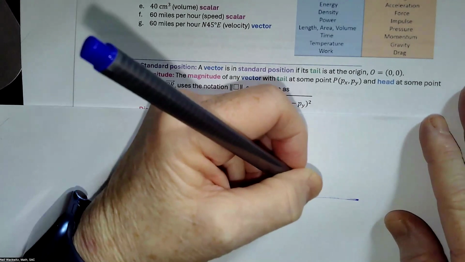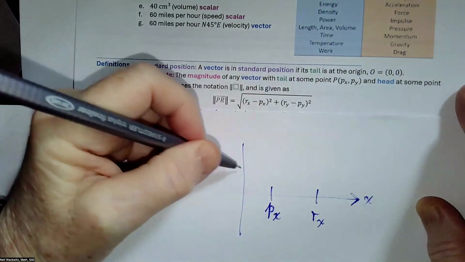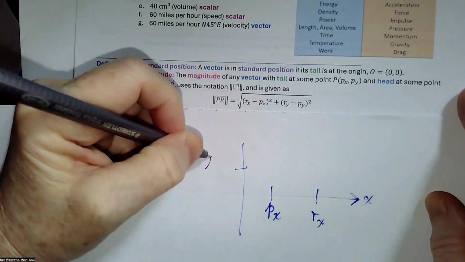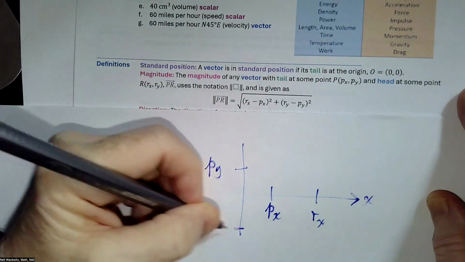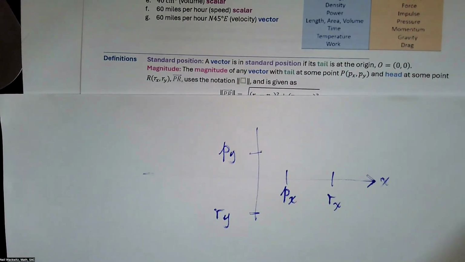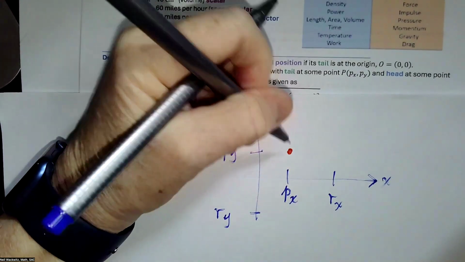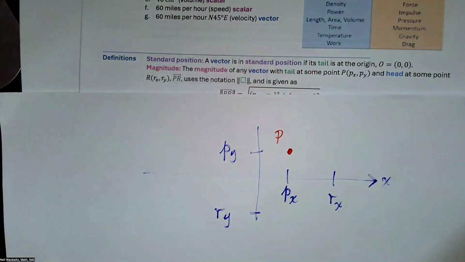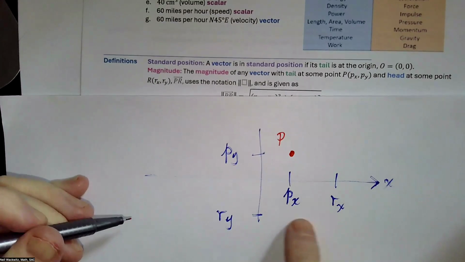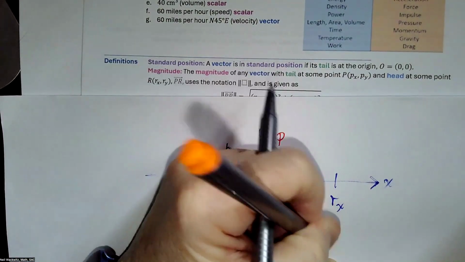So we've got P sub X, R sub X. Let's let this be P sub Y, R sub Y. So that means that point P is in quadrant 1, and point R is in quadrant 4.